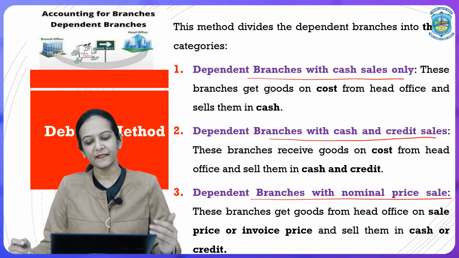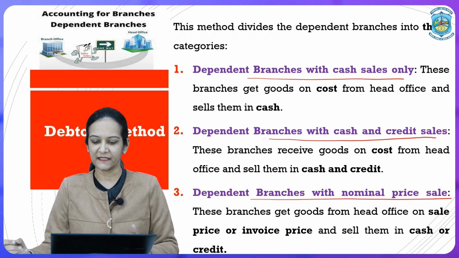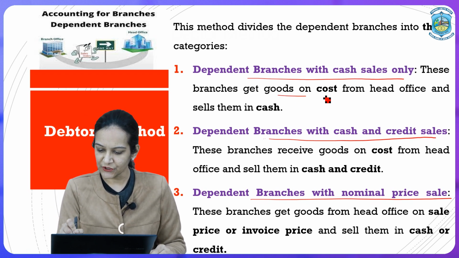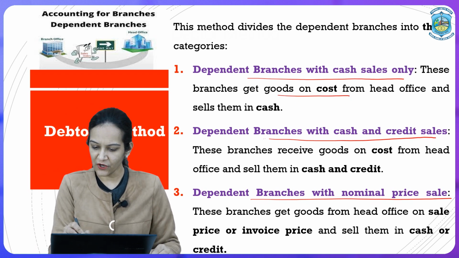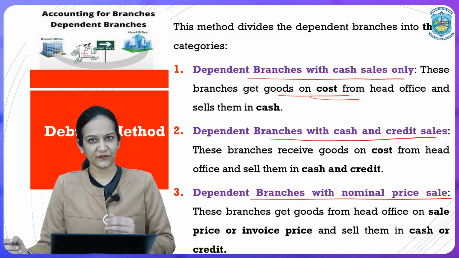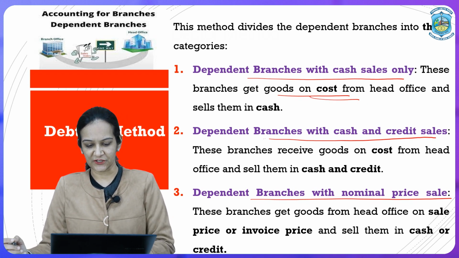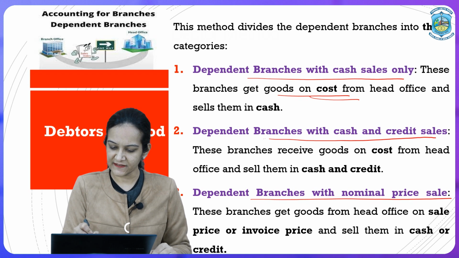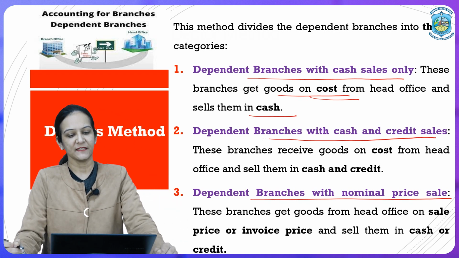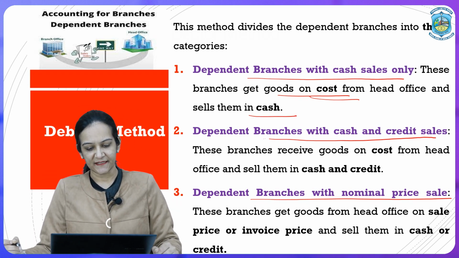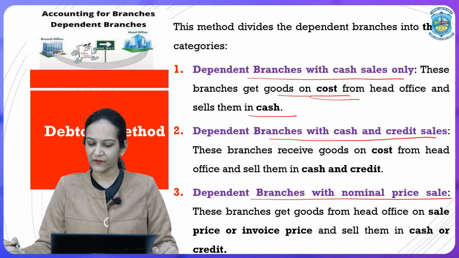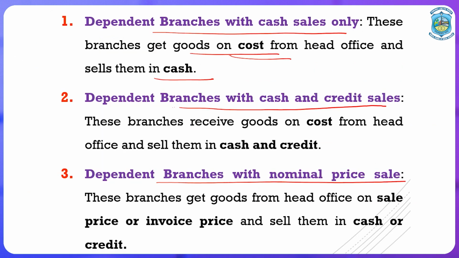The first category, dependent branches with cash sale only. These branches get the goods from the head office at cost price, that is, no profit is included, and then make the sales on a cash basis. The second category is dependent branches with cash and credit sales. This branch receives the goods from the head office again at cost, but it makes both cash as well as credit sales.